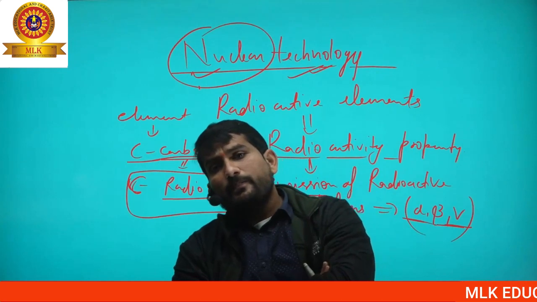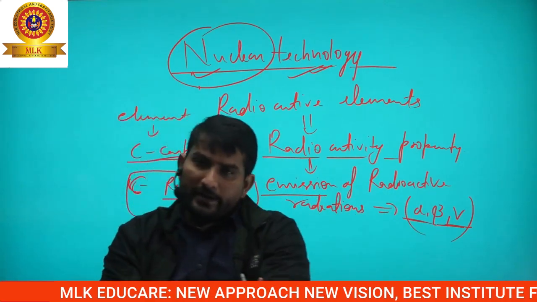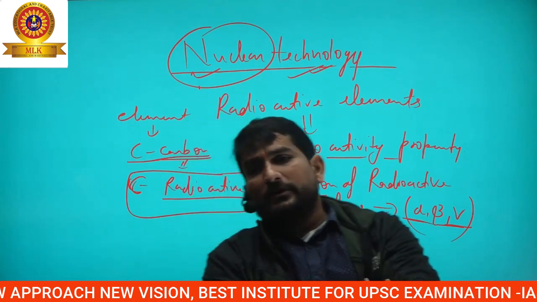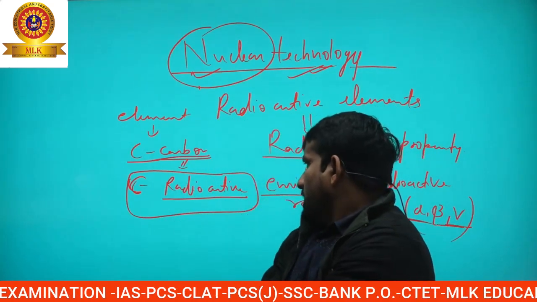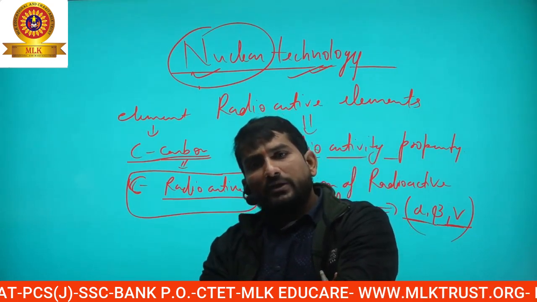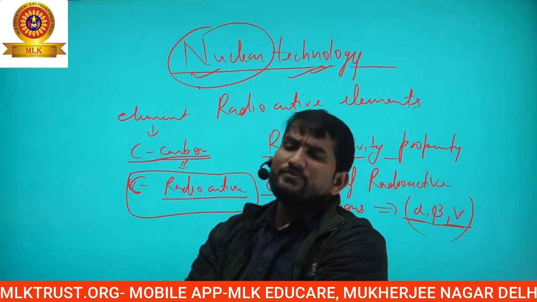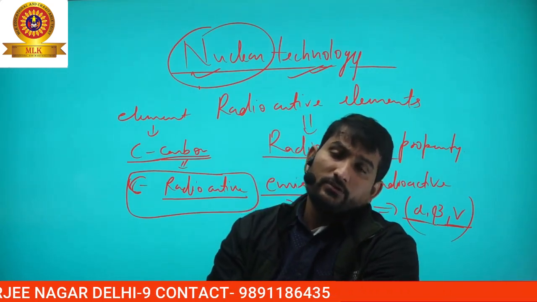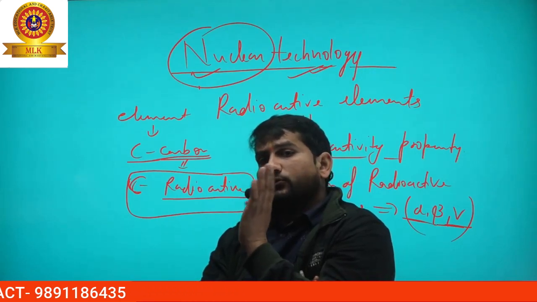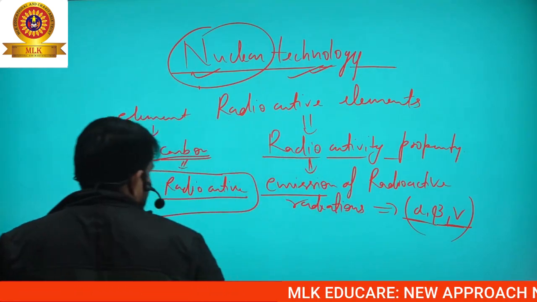Actually, when we talk about the radioactivity of an element, here is one concept: the isotopes of the atoms may be radioactive in nature. So what are isotopes? Let's talk about that.